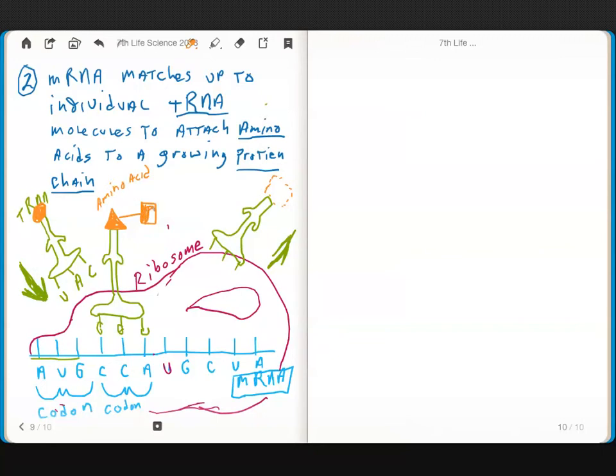That one has just dropped off the amino acid that's coded for by this codon right here, the UGC codon. So this is amino acid 3. This is amino acid 2. And this is amino acid 1, let's say. And what happens is that there's a growing chain of amino acids that forms the protein.